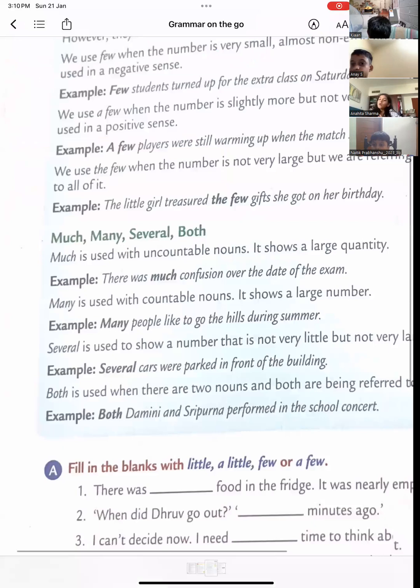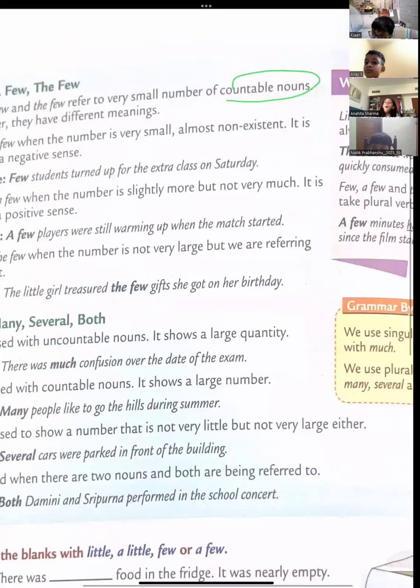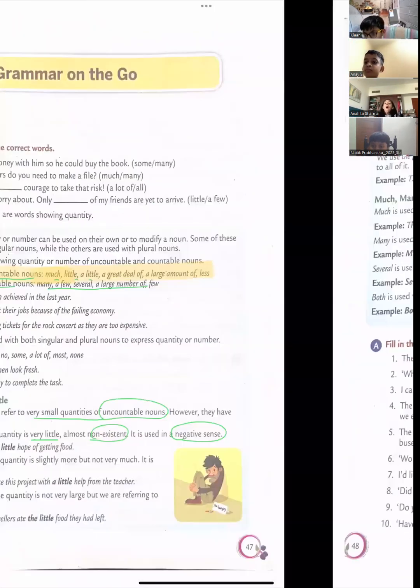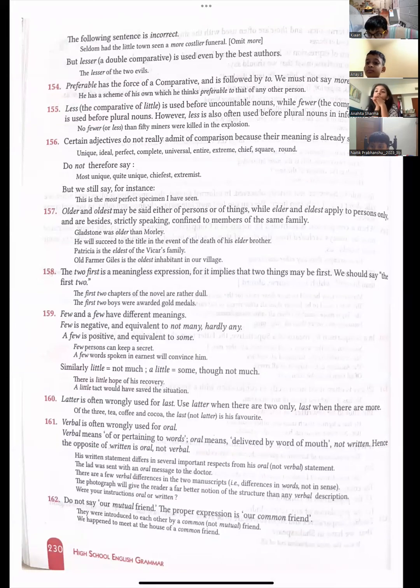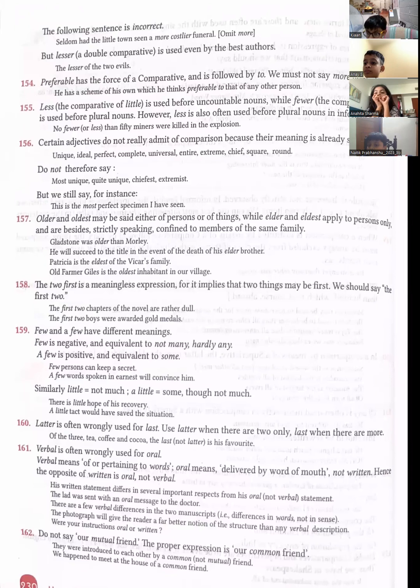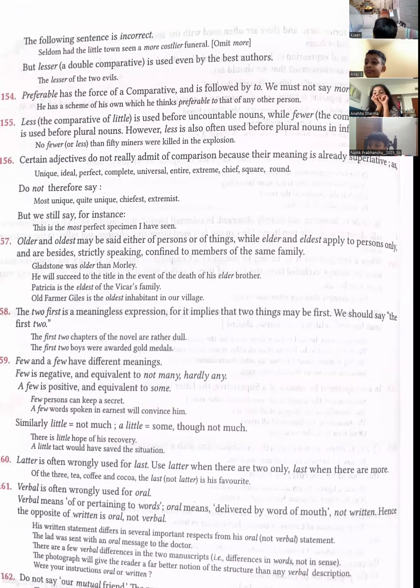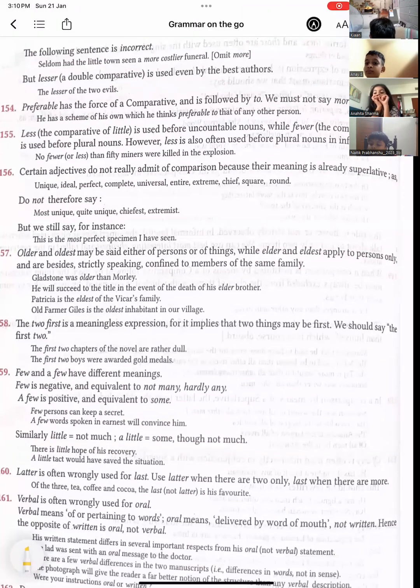Now, let's read it, okay? Now, here, 157, if we read, number 157, okay? Older, oldest may be said either for person or things. But when it is elder and eldest, it is always to a person.